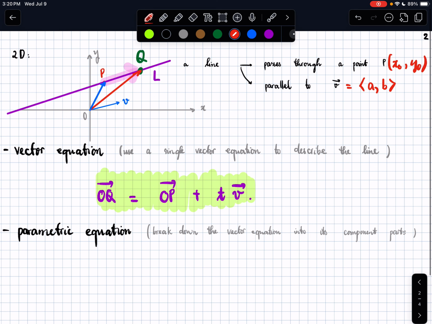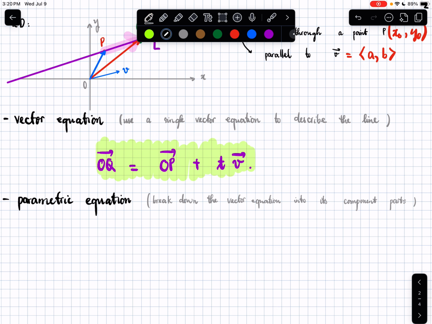Say Q has coordinates x, y, and we want to describe x, y in terms of x0, y0, a, b, and the parameter T. T in this case is the parameter. Vector OQ is x, y, where O is the origin.